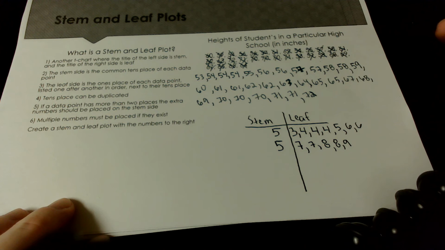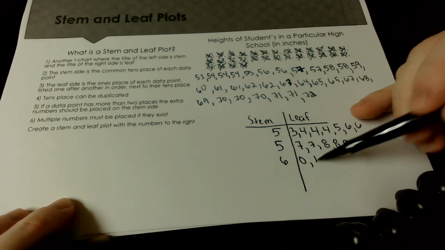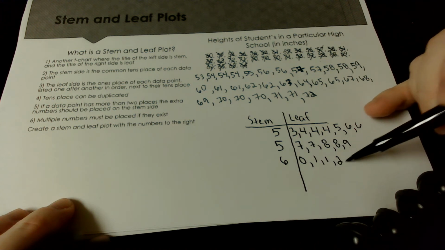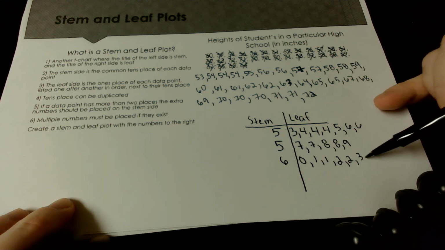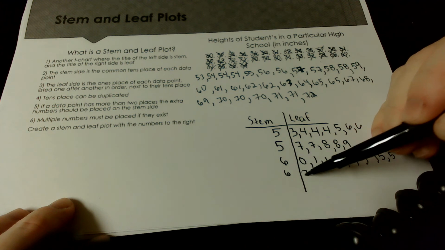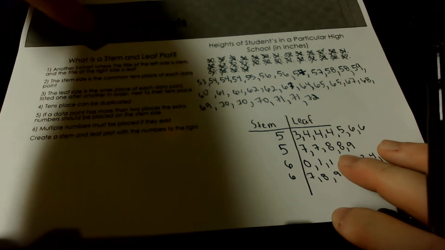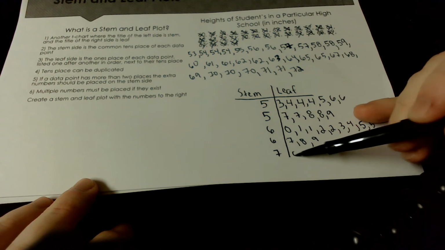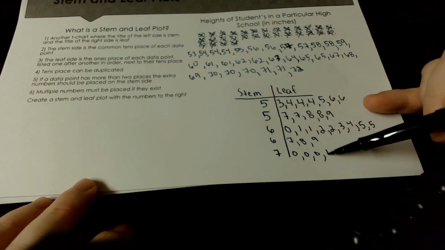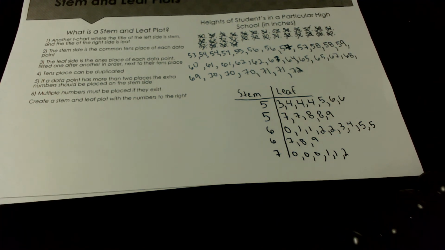That's up to you, but it is an option. 60, 61, 61, 62, 62, 63, 64, 65, 65. Let's drop another one right there. 67, 68, 69. 70, 70, 70, 71, 71, and 72. Okay, and that's my stem and leaf plot.